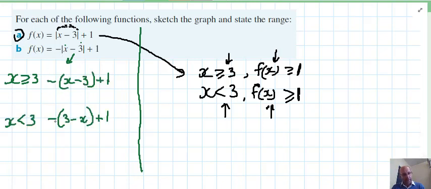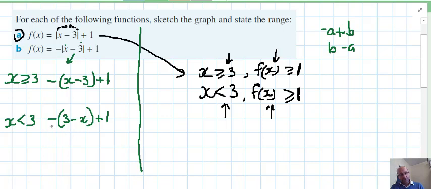If x is less than 3, we'll have a negative inside there, and if you have negative a plus b, it's the same as b minus a, so we could say it's 3 minus x.